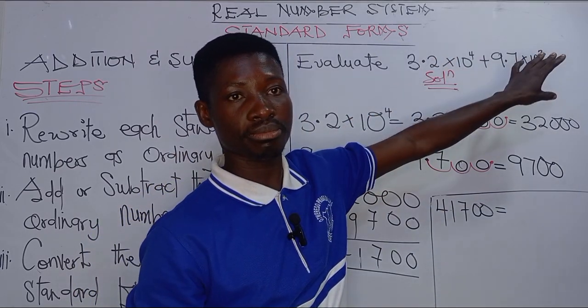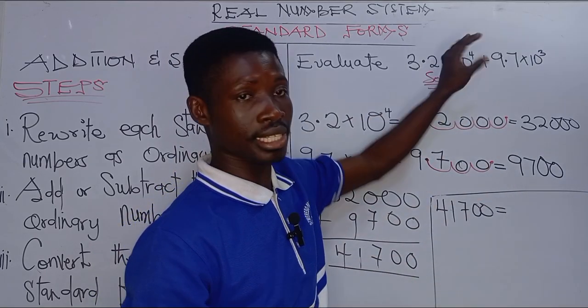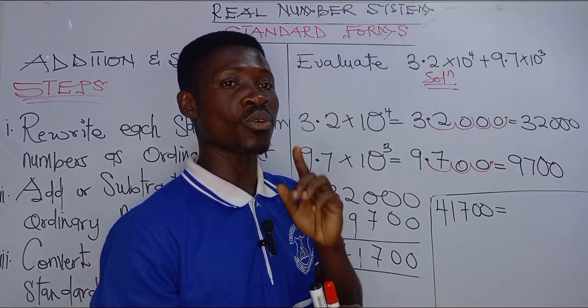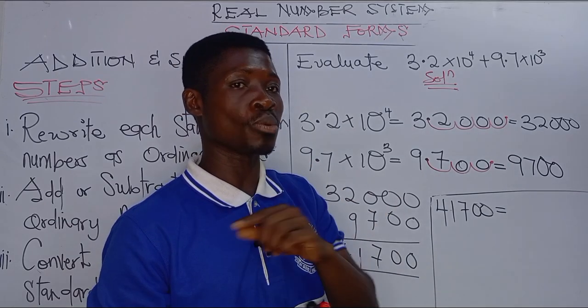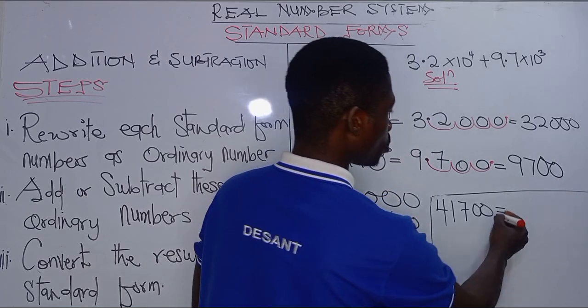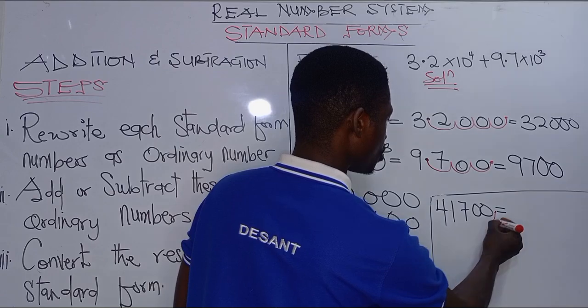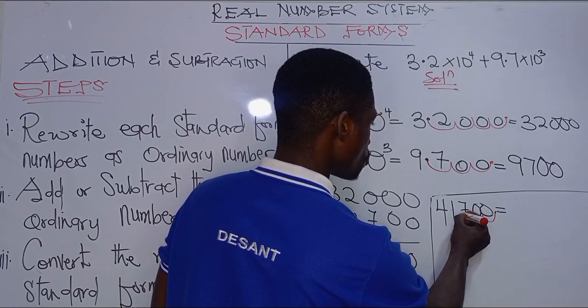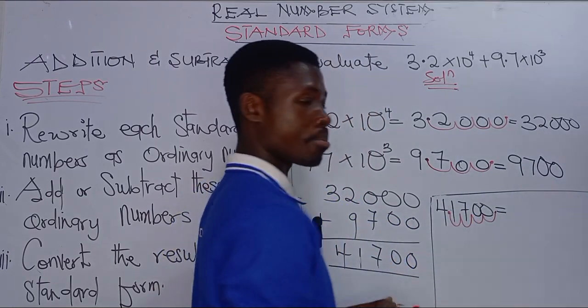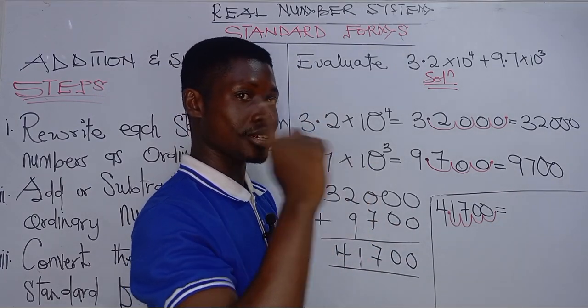We have learned how to convert an ordinary number to standard form. Please, if you have forgotten, kindly go back and watch the video on that. In doing that, we first identify the position of the decimal point, and then we move it so that it is in between the first two natural numbers. Each movement to the left is times 10 raised to the power 1.